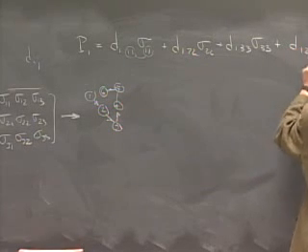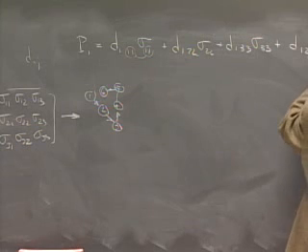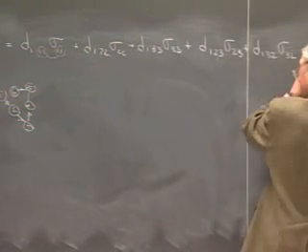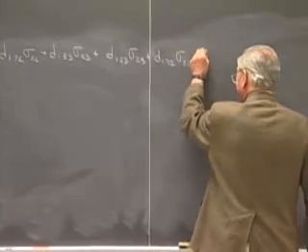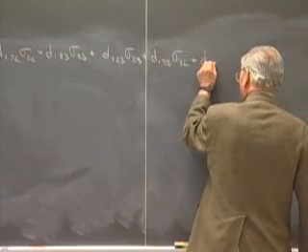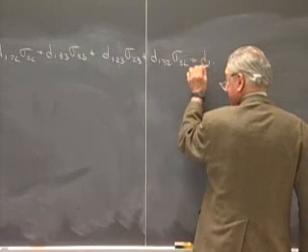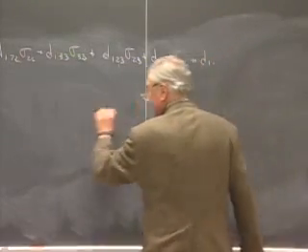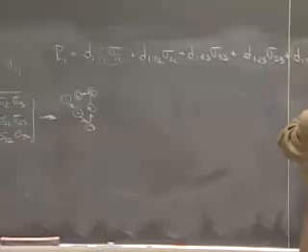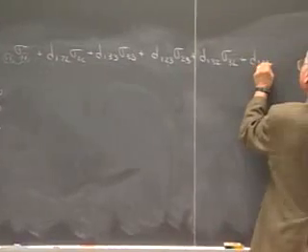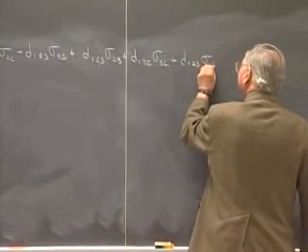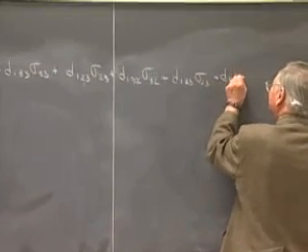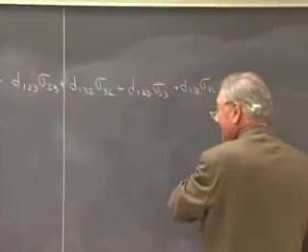2,3 times sigma 2,3, plus D1,3,2 times sigma 3,2, plus D1,1, I'm sorry, D1, number 4 is 2,3, times sigma 2,3, plus D1,3,2 times sigma 3,2.